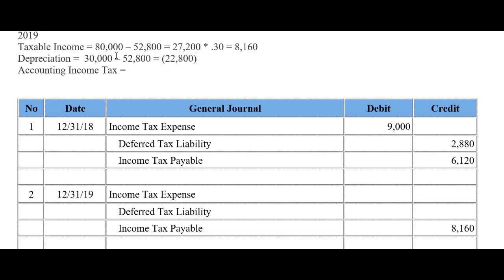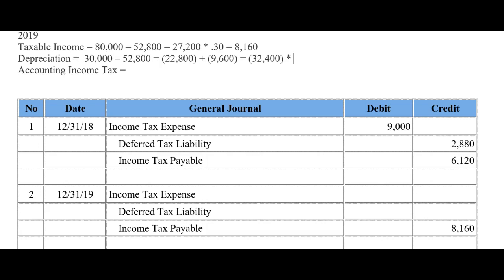That's in addition to the 9,600 we already had in the account. So that brings our total to 32,400. That's the difference cumulative between what we've reported on our accounting statements and what we have paid or deducted on our tax returns. Okay, so that's the cumulative difference.